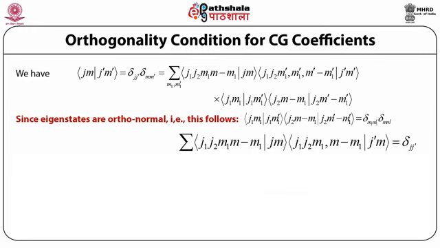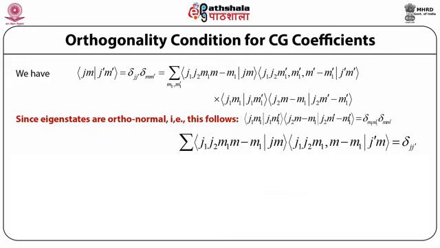Here again we have defined the Clebsch-Gordon coefficients as <j1 j2 m1 M−m1|J M> for the angular momentum operators or vectors J1, J2, m1 and m2, where m2 is defined as M − m1, and for J1, J2, m1' and m2', where m2' is defined as M' − m1'.